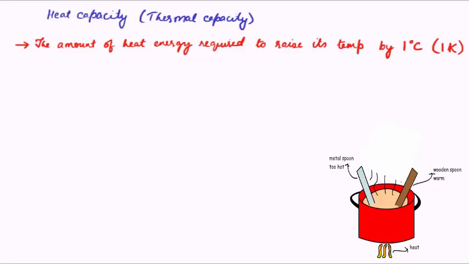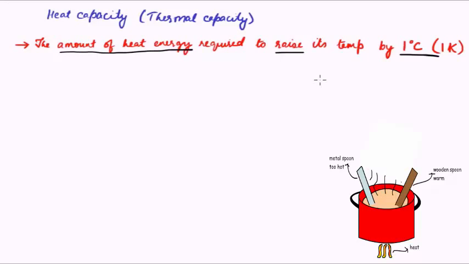So the point to be noted here is that heat capacity is the amount of heat energy to raise temperature by 1 degree Celsius. There is nothing to do with mass. It is any body.